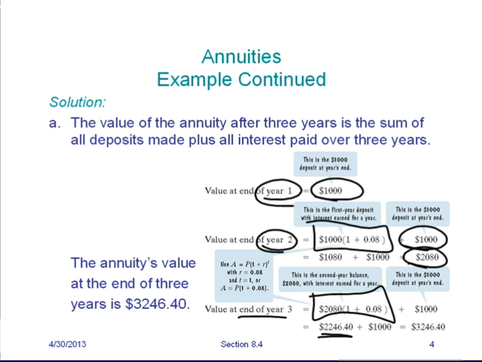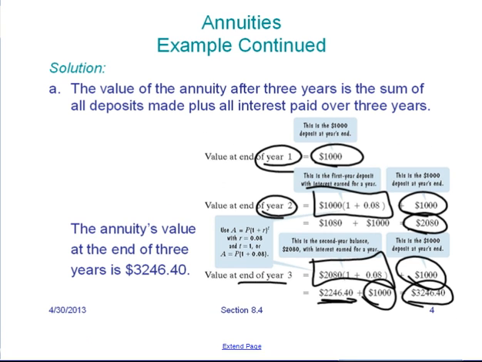So that's this right here. Plus, we're depositing another $1,000. So we end up at the end of the third year with $3,246.40.